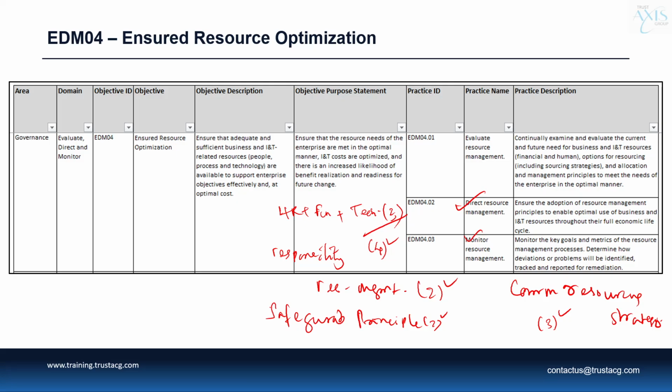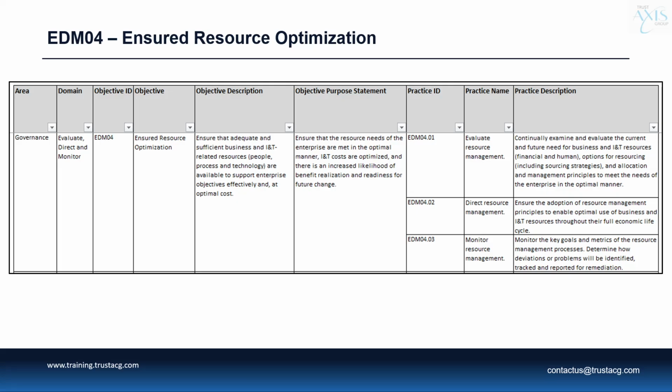So you will need to regularly review resource allocation and usage against the agreed goals to ensure resources are supporting enterprise objectives efficiently. For instance, checking if staff are allocated to the most critical projects or if the infrastructure is underutilized. So always monitor your sourcing and architecture strategies.